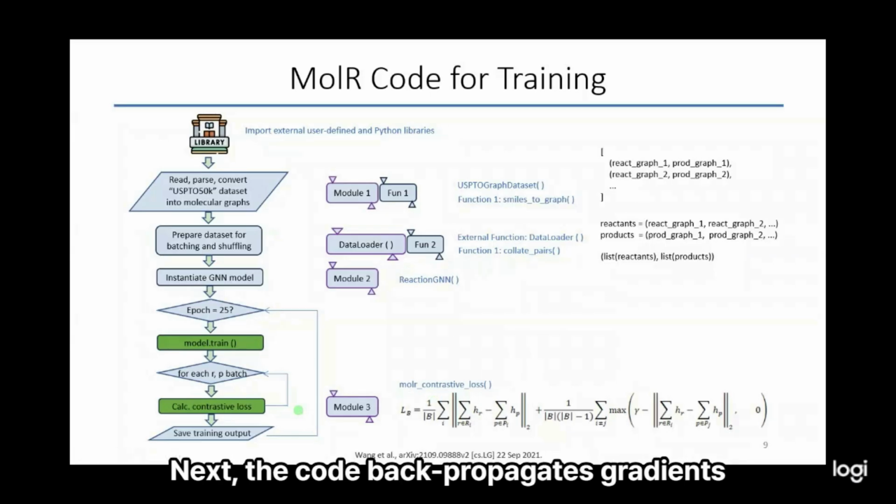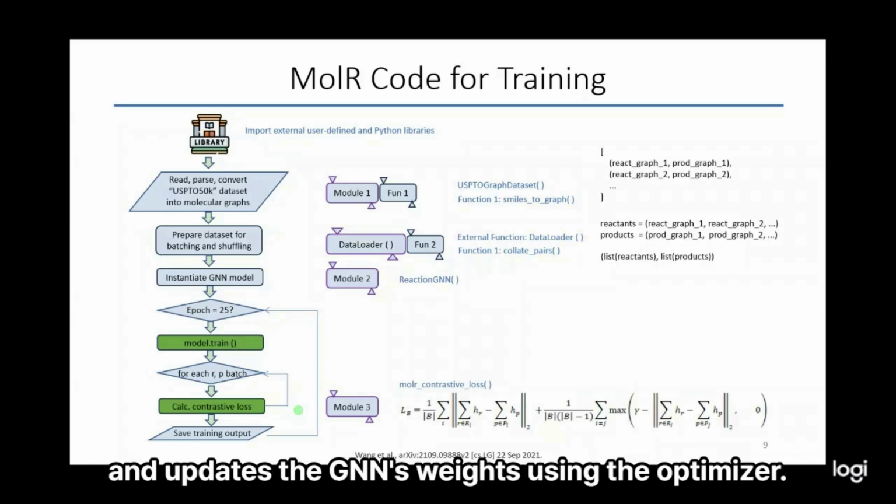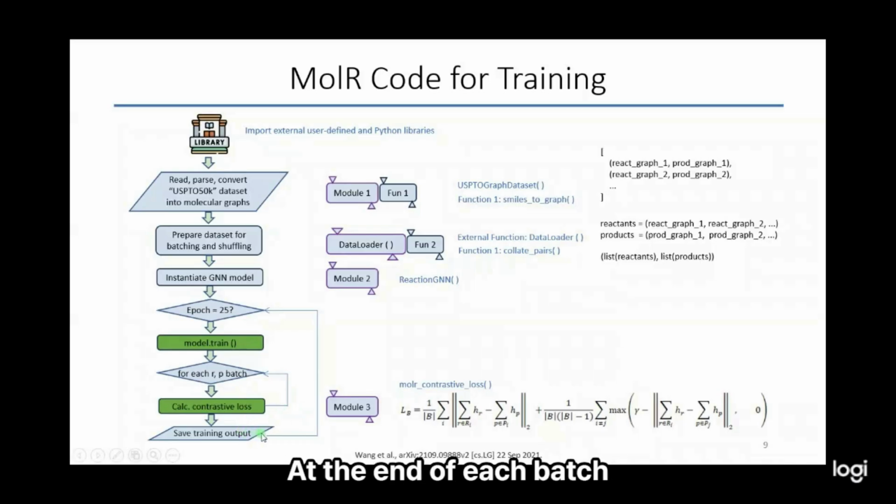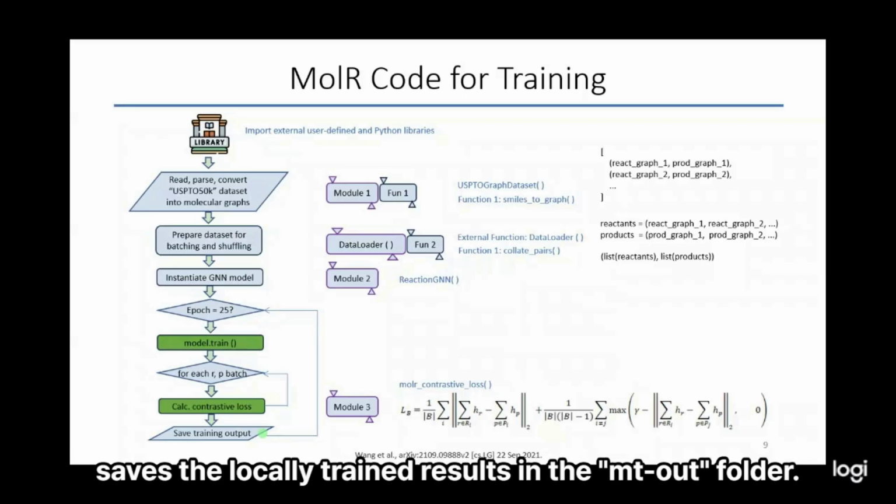Next, the code backpropagates gradients and updates the GNN's weights using the optimizer. At the end of each batch and each epoch, the MolR code saves the locally trained results in the empty out folder.